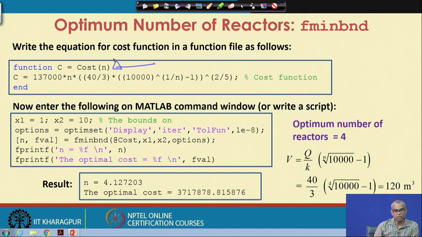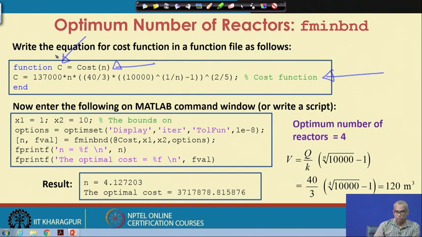So, we define a function called cost, which takes n as input. n is nothing but my decision variable, number of CSTR units in the reactor train. So, this is the expression of the cost. So, for given value of n, this function will be able to find the cost which is contained in C, and it will be returned to the solver fminbnd.